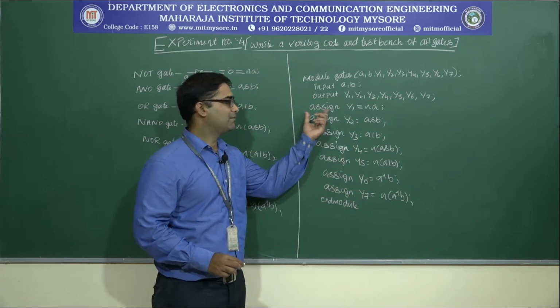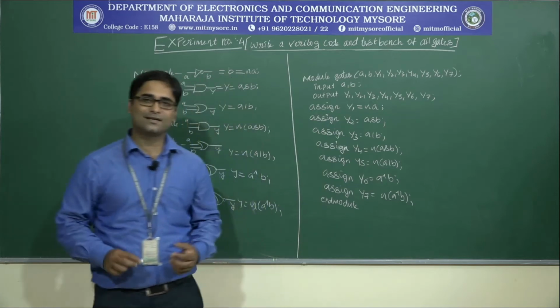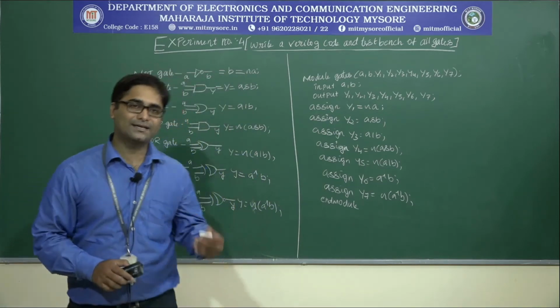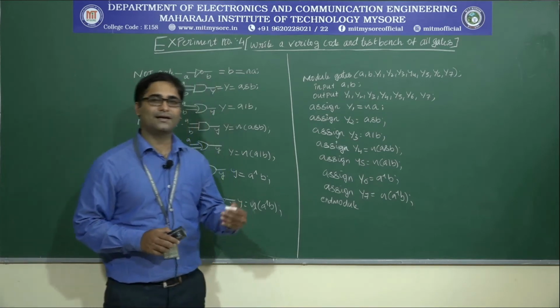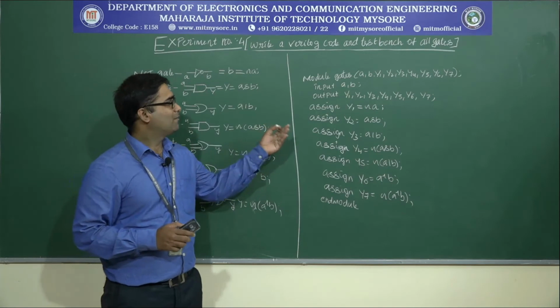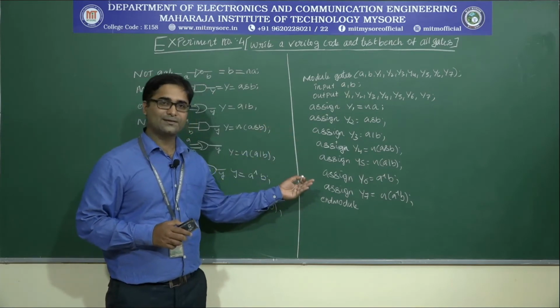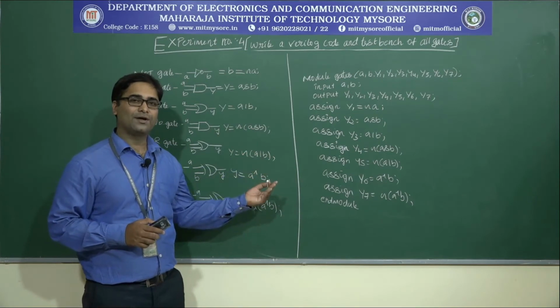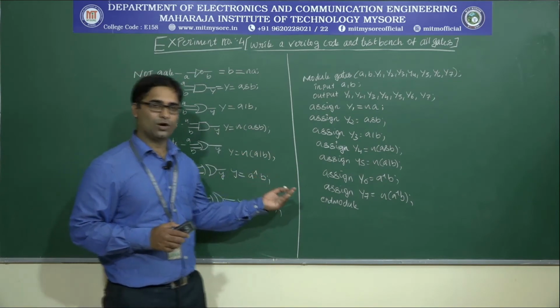As you can see, we do have continuous assignment statements, and next we will write the particular test bench for all these gates, where we do have digital symbols or a particular digital logic.